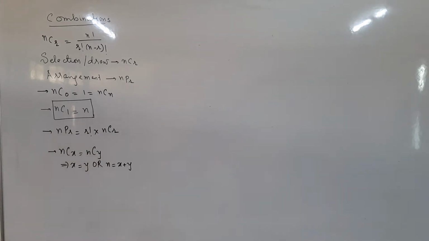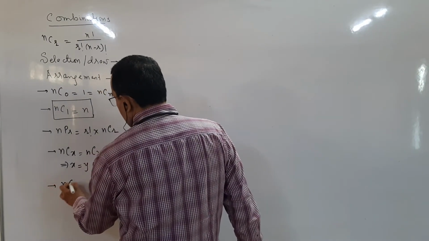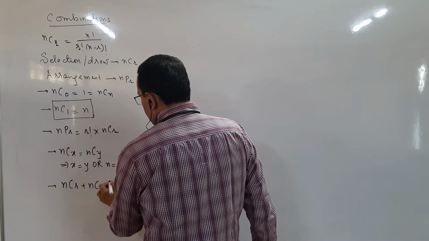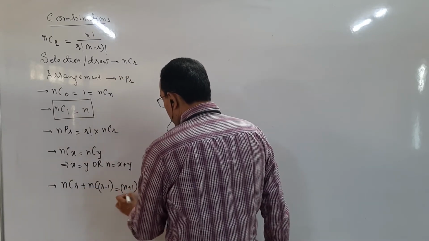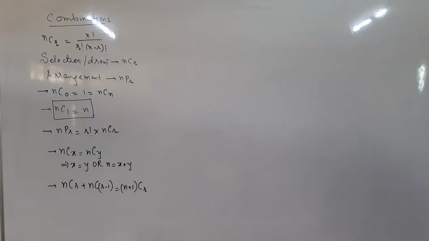This is one of the most interesting properties of combination. And last but not the least, nCr plus nC(r minus 1) is equal to (n plus 1)Cr. So these are the basic properties of combination, which are very important as far as sums are concerned.